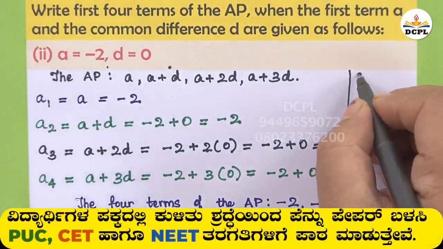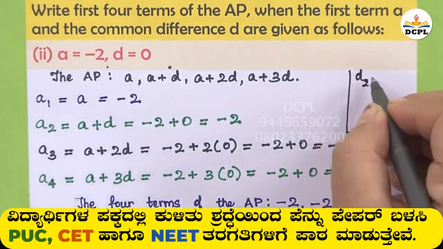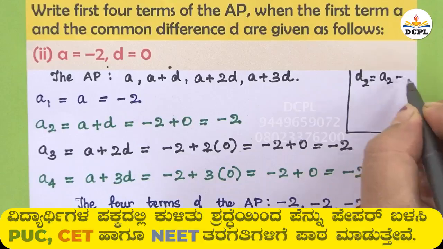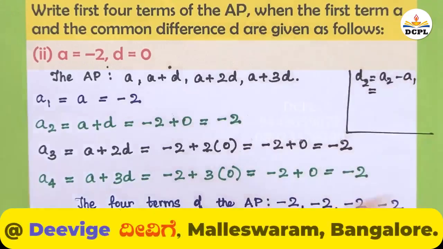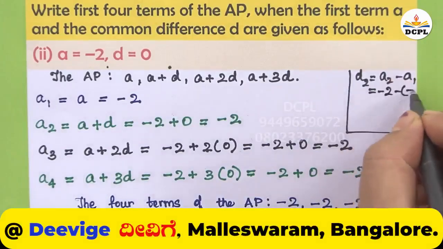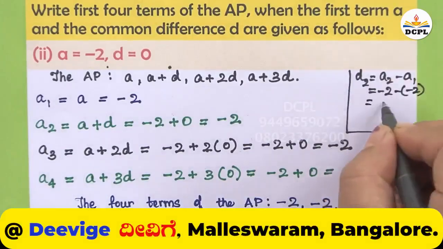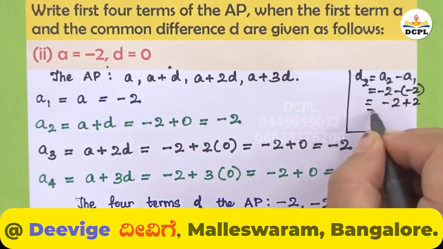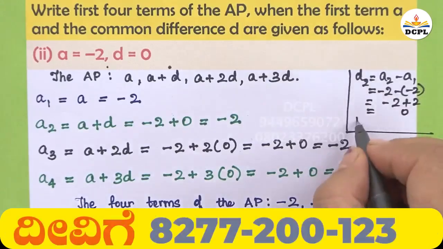I can find d2 by writing a2 minus a1. So which is my a2 here? It is -2. -2 minus of -2. So this is -2 plus 2, which is going to give me 0.